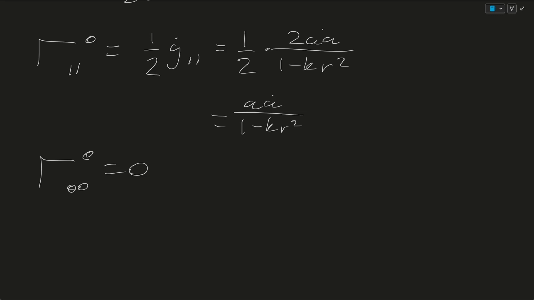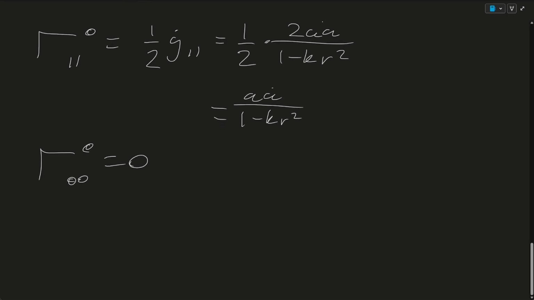And for the time-space symbols, we have 0, j, and i. Actually, I'm not even sure I'm going to need any more, because I just need purely spatial ones, I think.